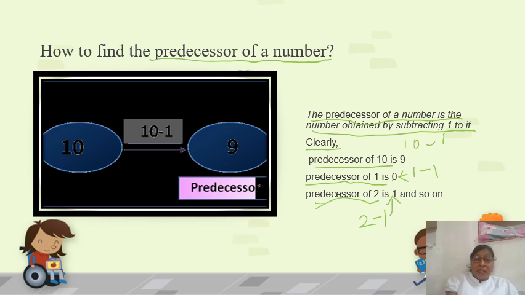Here see the number 10. We subtract 1 from the number 10. We get 9. That is nothing but the predecessor of the given number.